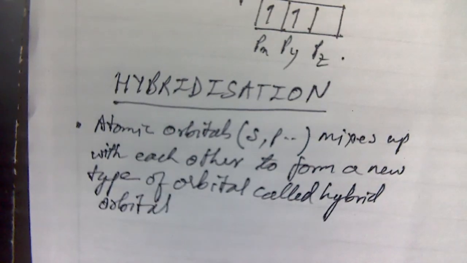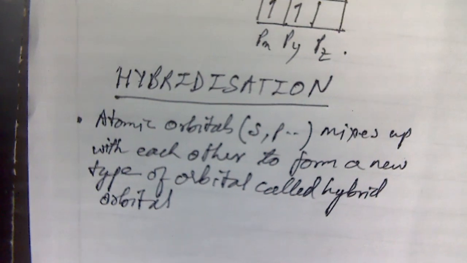Atomic orbitals, they mix up with each other, and when they mix up, what will happen? They form a new type of orbital. That new type of orbital is called hybrid orbital.